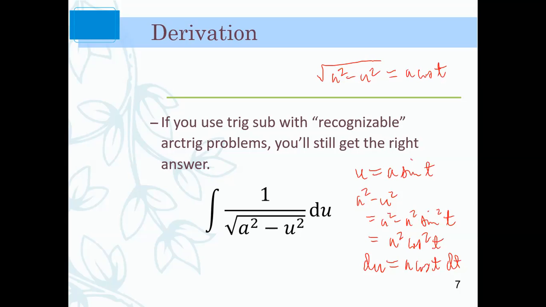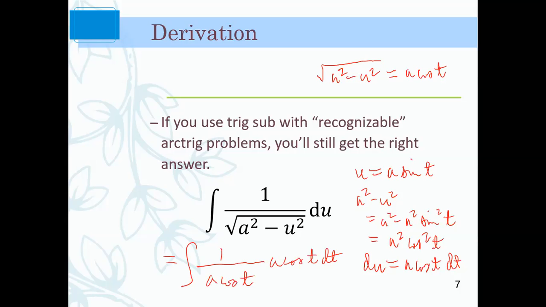Interesting. Okay, so this whole integral, what would this turn into? I would have 1 over this square root, yes? So it would be 1 over, what is that thing? A cosine t. And then what's du? A cosine t dt.